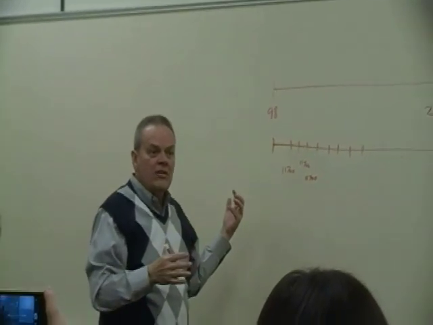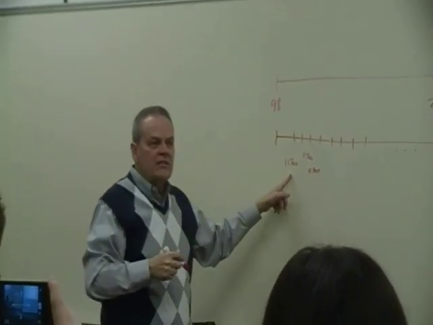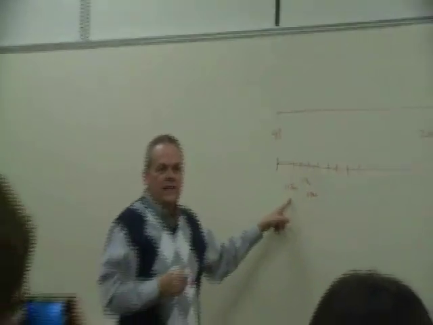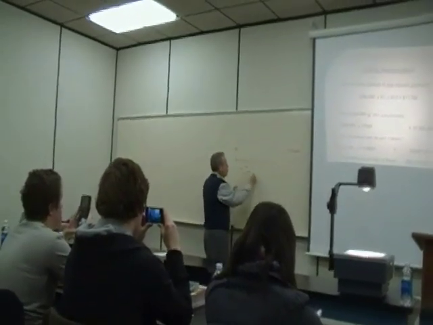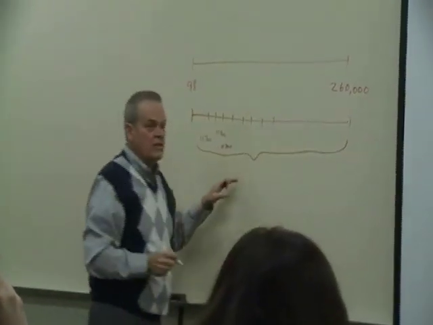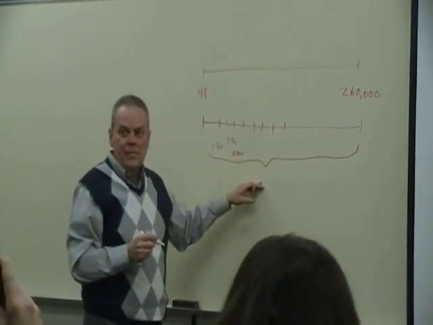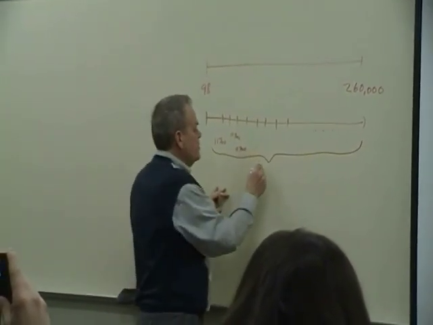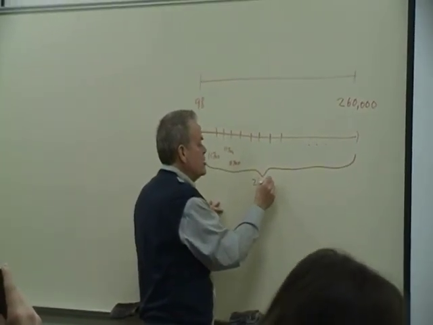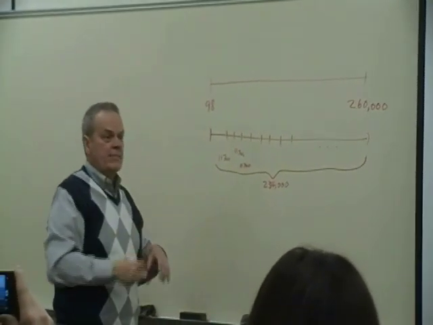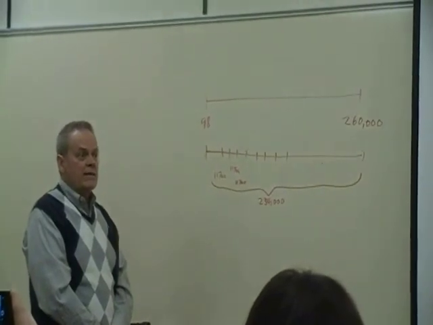Would somebody take your calculator and multiply 11,700 by 20 and tell me the total interest I'm going to pay over the life of this bond? Who's got me that number? $234,000 in interest will be paid over the life of this bond.